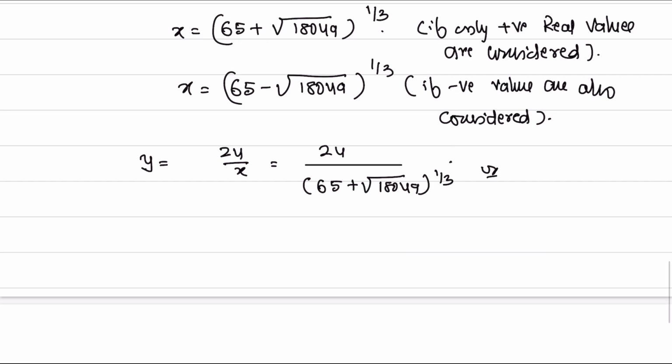If we consider both positive and negative, it can be 24 divided by 65 plus or minus square root of 18049 to the power of 1 by 3.